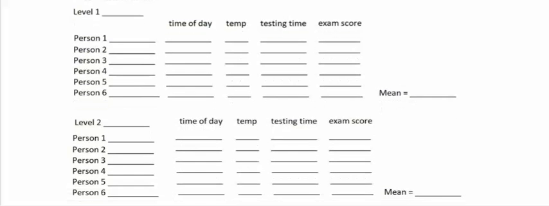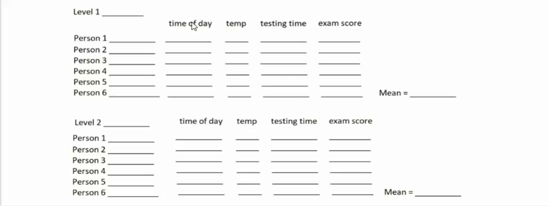If in my directions I say to control time of day, I'm actually meaning for you to pick the same time of day for all 12 people, all the way down. It can be whatever time of day you want, but it has to be the same for all 12 people. So you could put 9 a.m. for everyone. You could put 10 a.m. for everyone. You could put 11 a.m. for everyone. The time of day doesn't matter as long as you follow the directions and make it controlled.